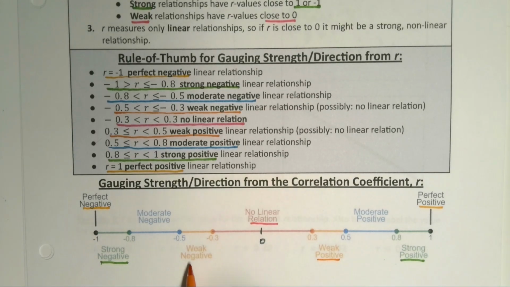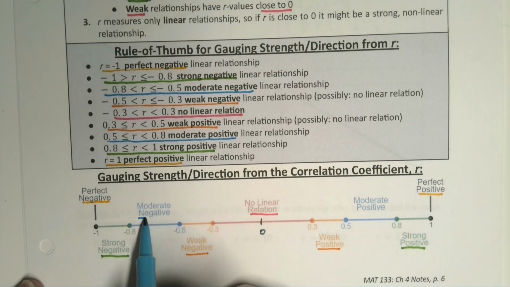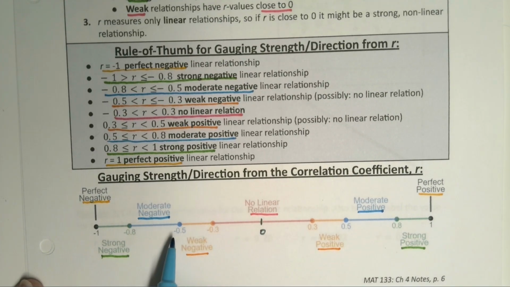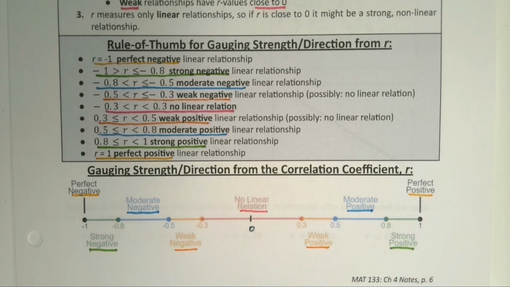And then the weak ones are here from the -0.3 to the -0.5, and the +0.3 to the +0.5. And then the moderates are right here from 0.5 to 0.8 on the negative side and 0.5 to 0.8 on the positive side. All right, so let's put this into practice and actually start looking at some relationships.